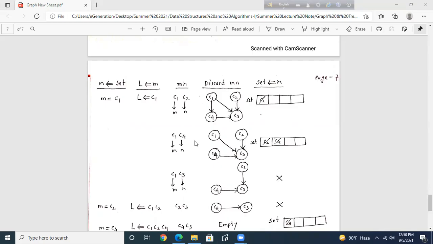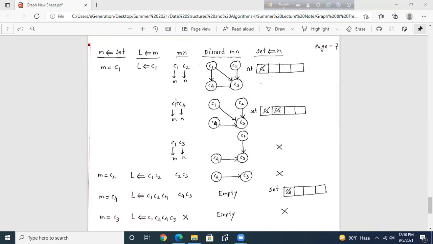Now C1, C4. C1 is M and C4 is N. Because our M value is C1, I can go from C1 to C4.